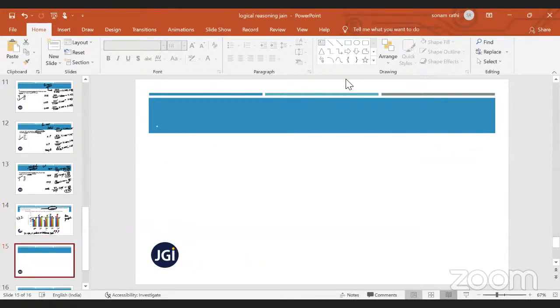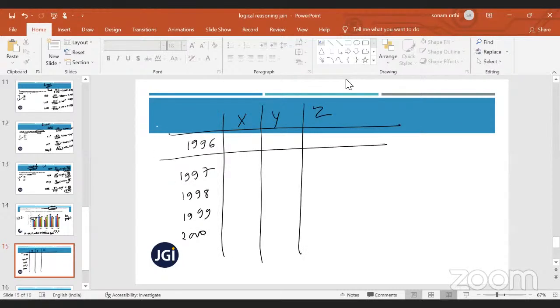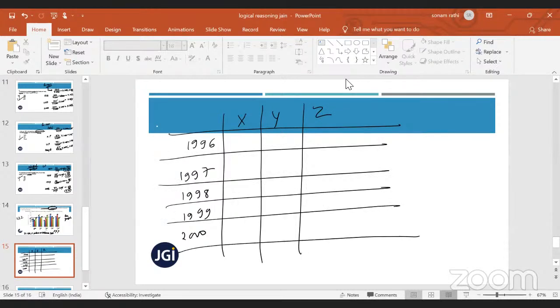So what I will do: 1996, 1997, 1998, 1999, and 2000. I will say company X, company Y, company Z, in lakh ton.